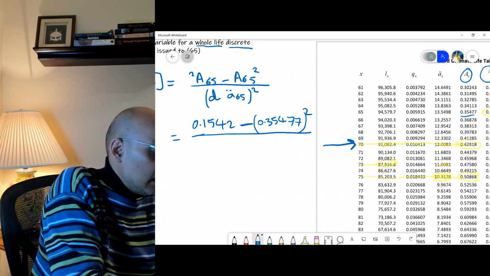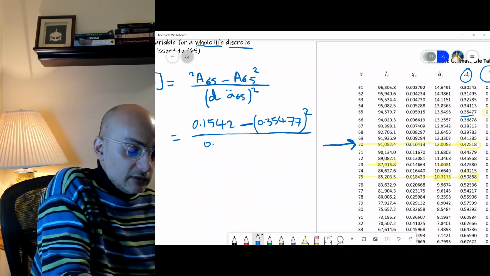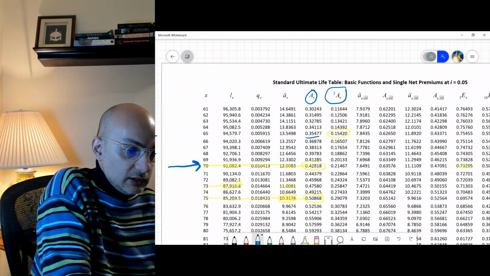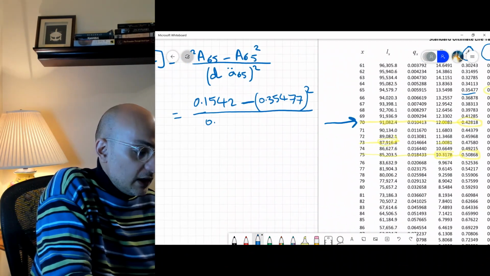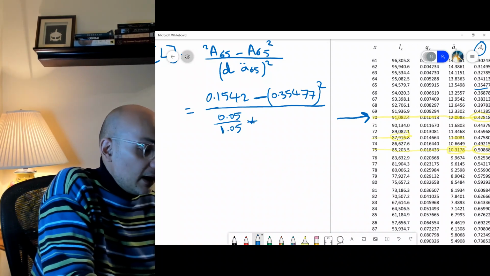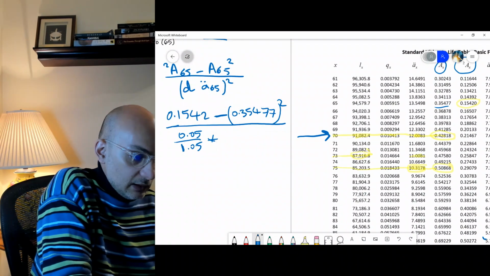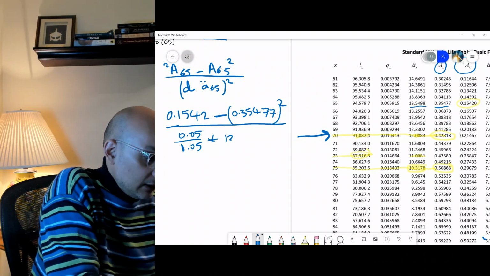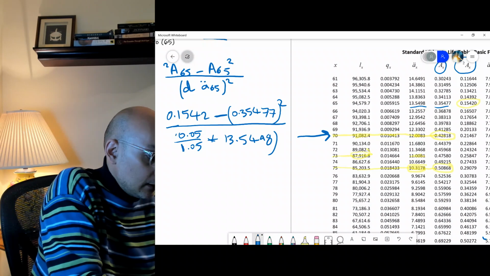Divided by, what is d? d is i over 1 plus i, and i for the life table is given to you here, 5%. So 0.05 over 1.05, this is d, multiplied by A65. A65 is 0.35477. Everything is raised to 2.